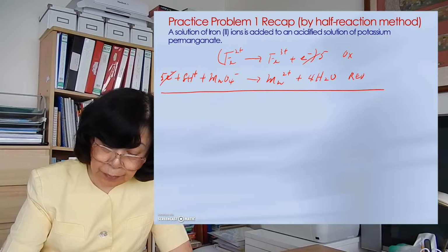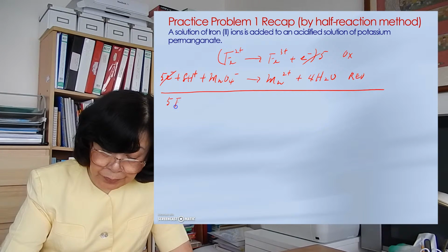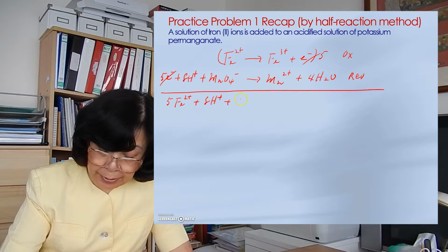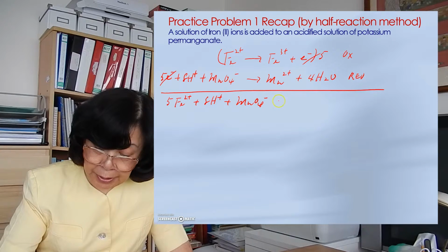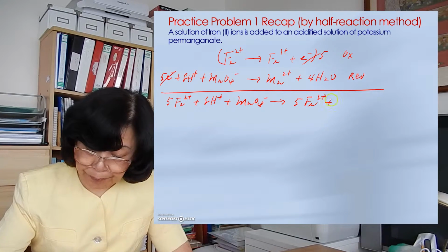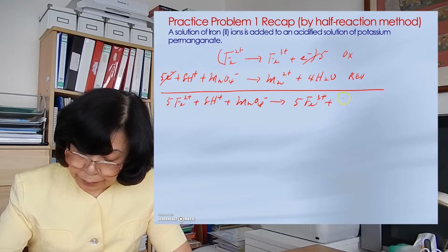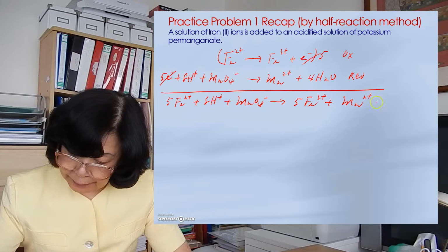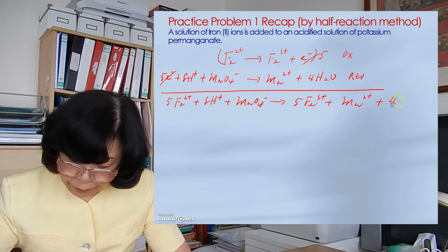So now I can write the overall reaction: 5 Fe2 plus and 8H plus and MnO4 minus to give 5 Fe3 plus and Mn2 plus and 4 water.